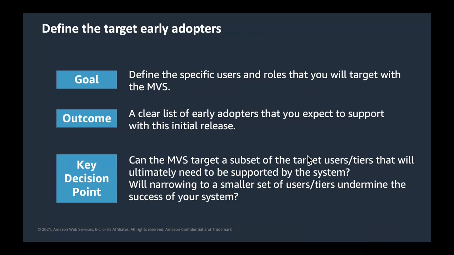This list should help you get the feedback that you need for your product and also understand the user experience. At the end of this exercise, you should think through: do I have a good set of early adopters to target who are easy to reach, who would be willing to test this product, but who would also give us an idea about what our future product may look like?